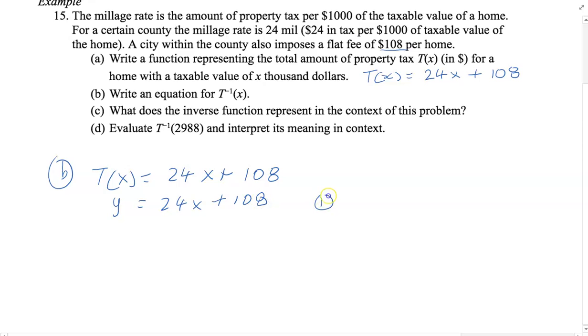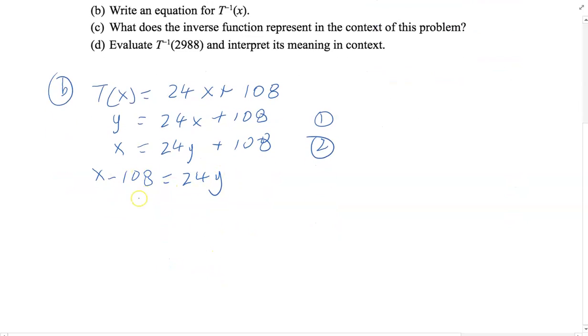Then the next step is we want to interchange x and y, so we have x is equal to 24y plus 108. And then we're trying to solve for y, so x minus 108 is equal to 24y. And then divide both sides by 24. We have y is equal to x minus 108 over 24.